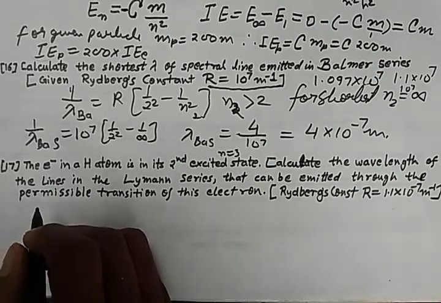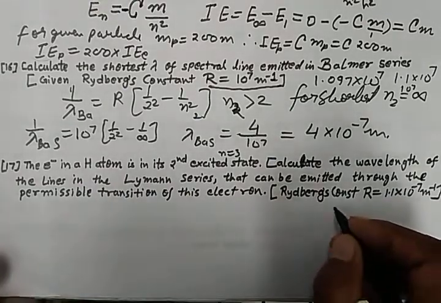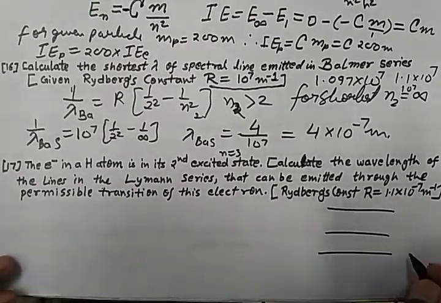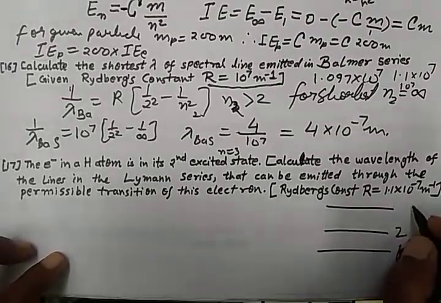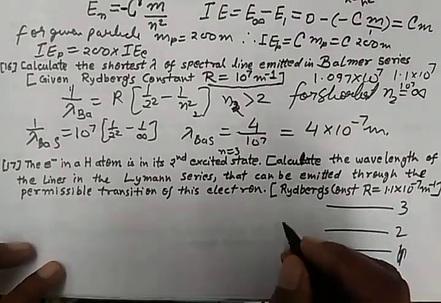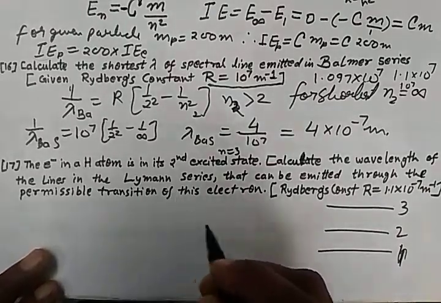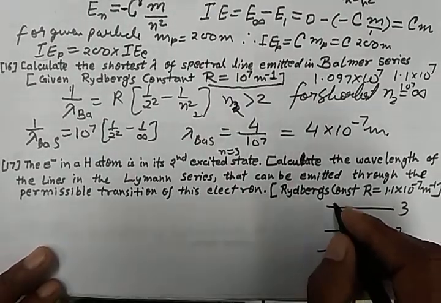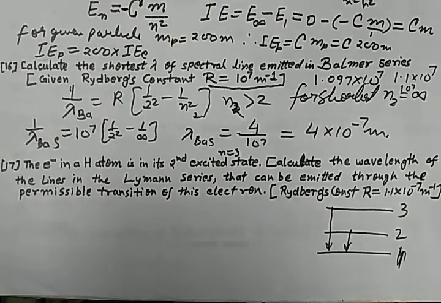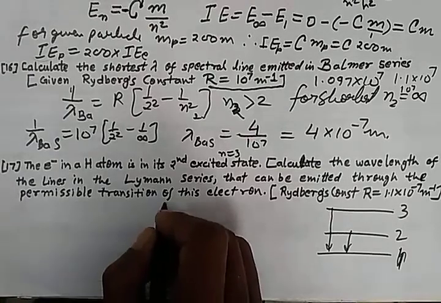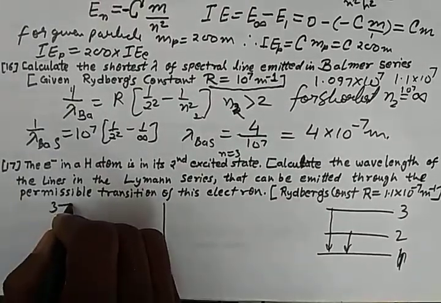Actually, this is first, second excited state means third. For the Lyman series only 2 transitions are there, and we have to find the wavelength of both transitions.